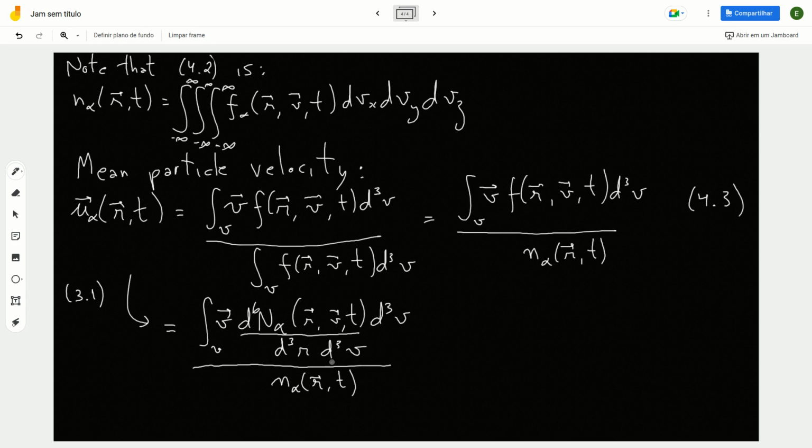Now I can cancel this with this, and I end up with this expression for the average velocity.